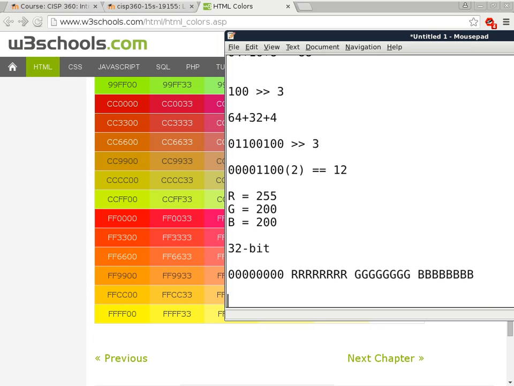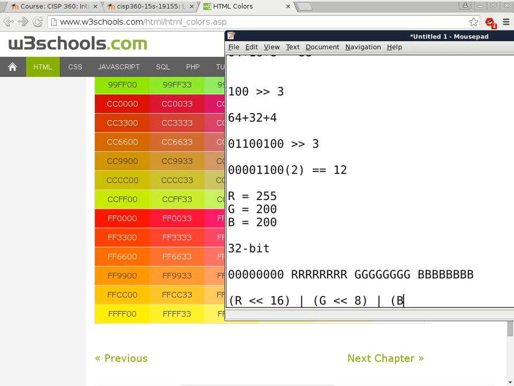do it, I'm just going to give you the solution here, is to say, whatever the red component is, shift it by 16-bit positions. And just to make sure that we understand the order of operation, I'm going to put parentheses. And then the green component is going to be bit shifted by 8 times.